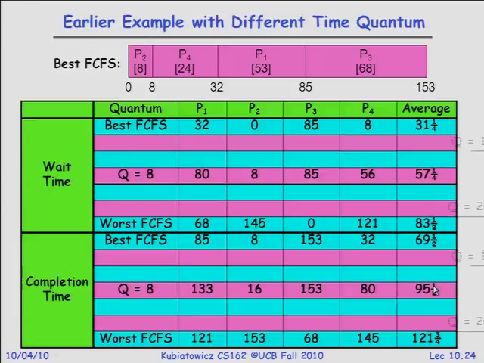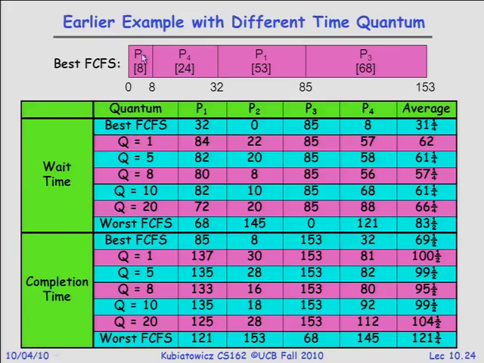And we can fill this in. Notice how the shortest process, number 2, is basically stuck here. The best first come, first serve has 0 wait time. The worst is 145. So the short guy has basically the largest variance.